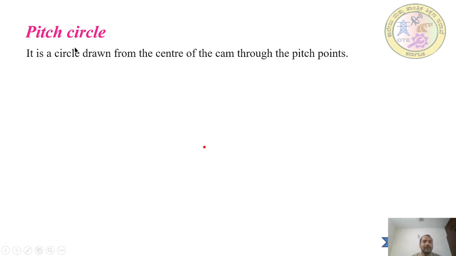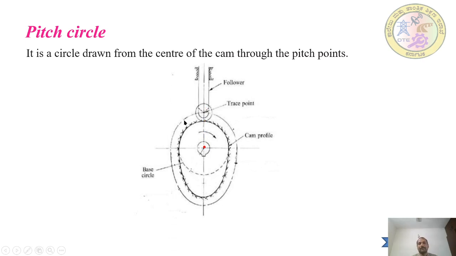Next one, pitch circle. It is a circle drawn from the center of the cam through the pitch point. Consider a cam with roller follower. First you identify the distance between cam center and the pitch point.